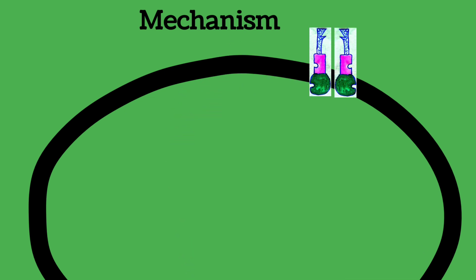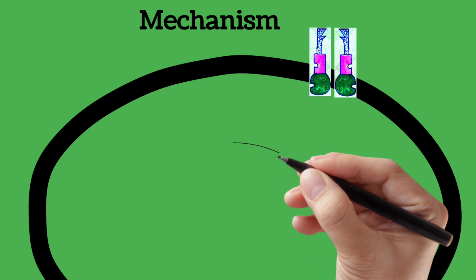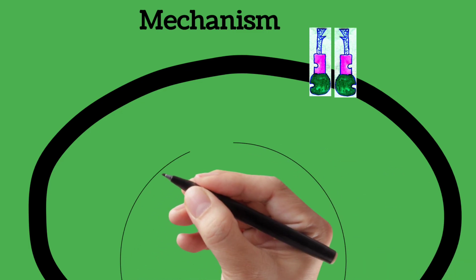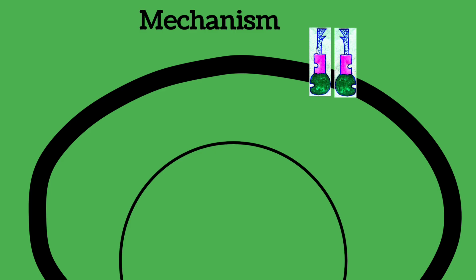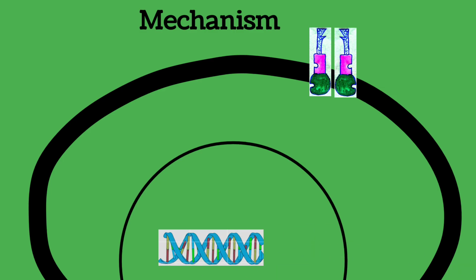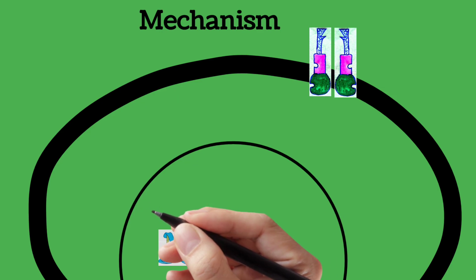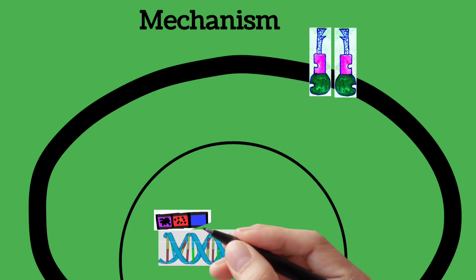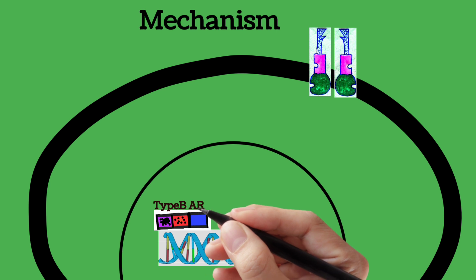Each receptor has the CHASE domain towards the extracellular region, while the His kinase and receiver domains are towards the intracellular side. Towards the inner side, there is a well-defined nucleus, which has the DNA molecule. The DNA molecule has a response regulator, namely type B ARR protein, which acts as a transcriptional unit.